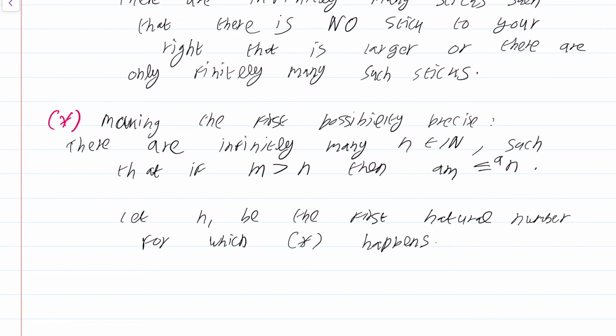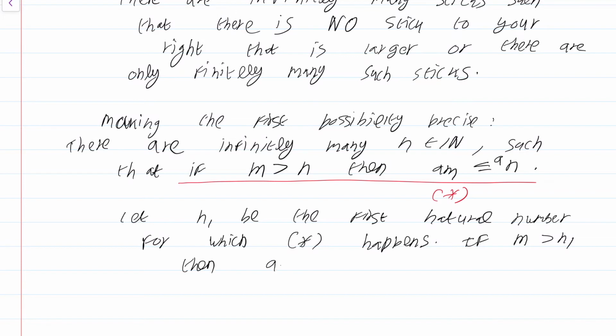This is what I'm going to call star, not the whole statement. Let n1 be the first natural number for which star happens. That means if m is greater than n1, then a_m is less than or equal to a_{n1}.